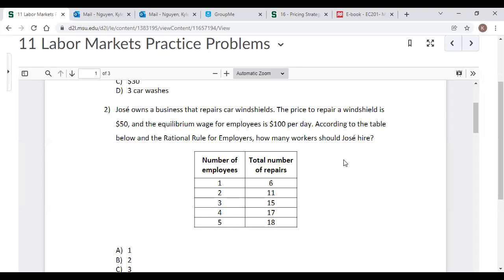And so we have to find our marginal revenue product. If we had an addition of 5, that means our marginal product of labor is also 5. And the price is still the same, still 50. So we do 5 times 50, and the marginal revenue product is 250. And obviously 250 is greater than 100. So we should hire a second employee.